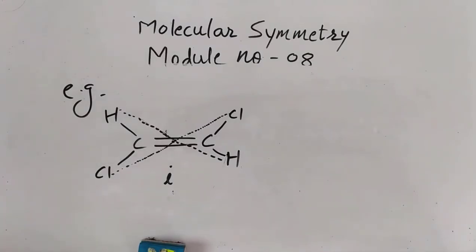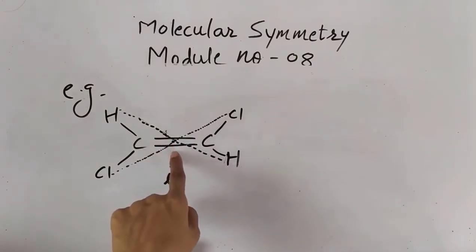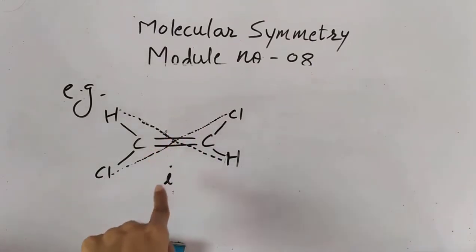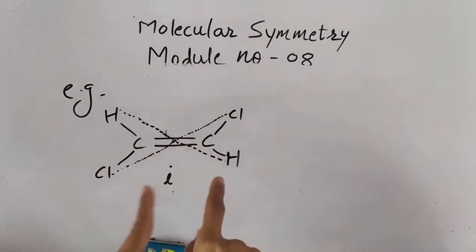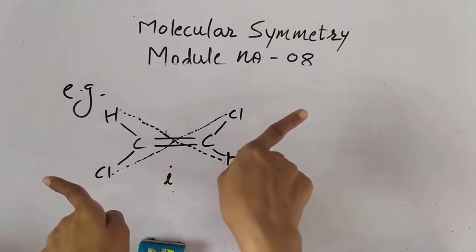So it is a very simple symmetry element, with a simple definition and simple understanding. You just have to draw a line passing through the center of symmetry. And what is the condition for this symmetry element to be present? Same atom, equidistance and opposite direction.